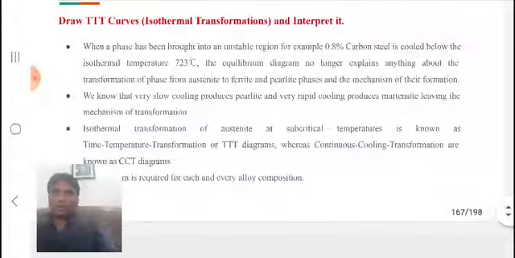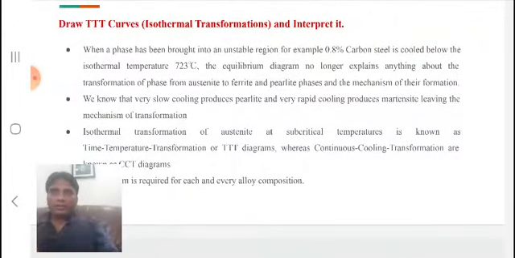So the advantages of this are well explained here. When a phase has been brought into an unstable region, for example 0.8% carbon steel cooled below the isothermal temperature, that is 723 degrees centigrade, the equilibrium diagram no longer explains anything about the transformation of phase.